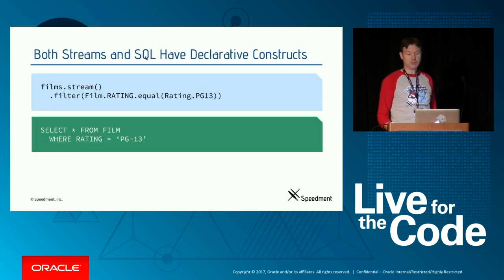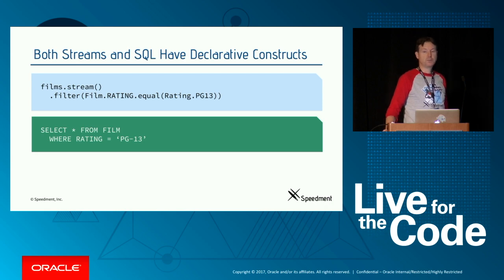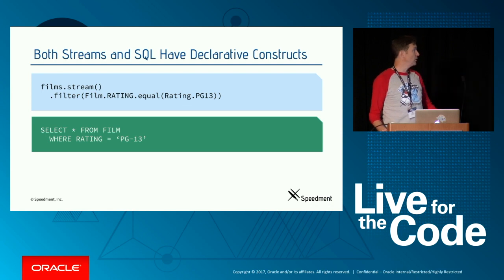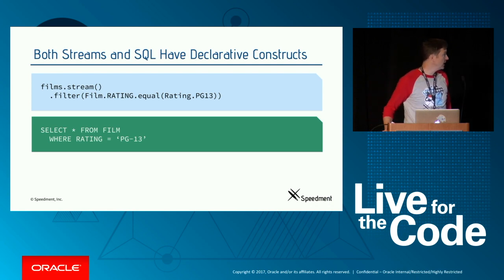So let us take a closer look at SQL versus streams. They have another similarity. They are both declarative. And what do we mean by declarative? Declarative means that we're showing what we want and not how we want it. That is most easily understood if you look at the SQL query there. It says select star from film where rating equals PG13.